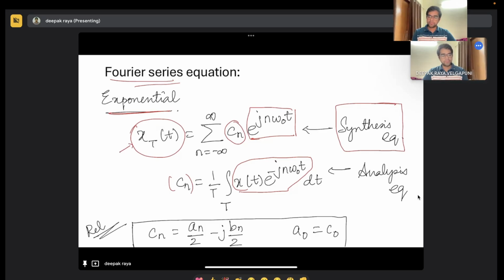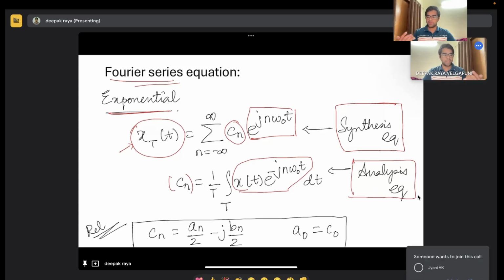The second part is called the analysis equation. Why? Because we are trying to know what amount of a particular frequency is present in a signal. So Cn says Cn amount of n omega naught frequency is present in the periodic signal.